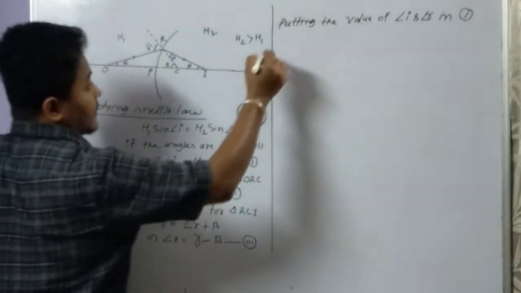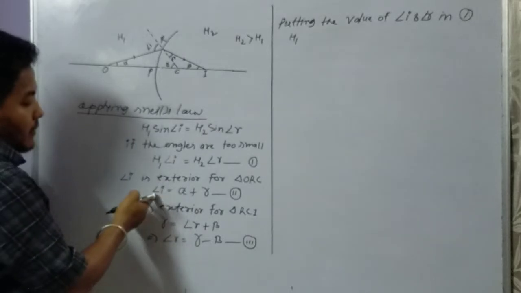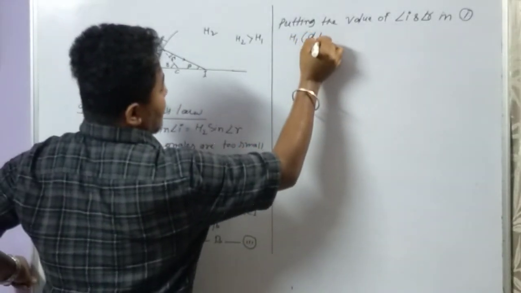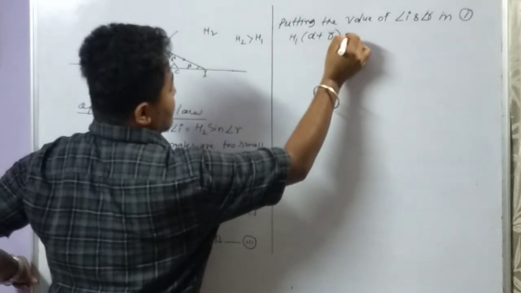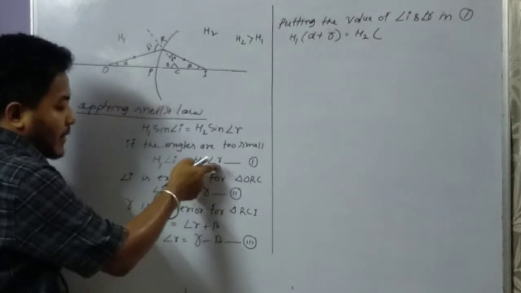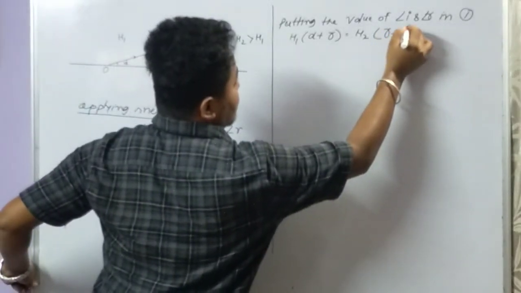We can find that mu1, what is the value of I? The value of I is alpha plus gamma, that is alpha plus gamma is equal to mu2 R, and the value of R is gamma minus beta.